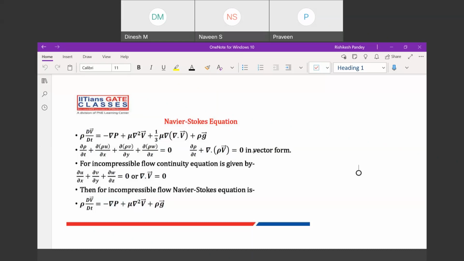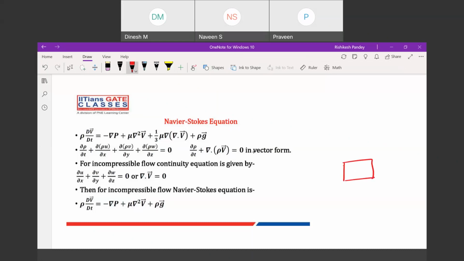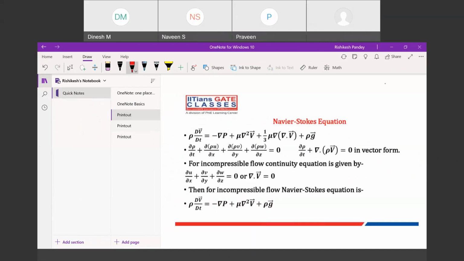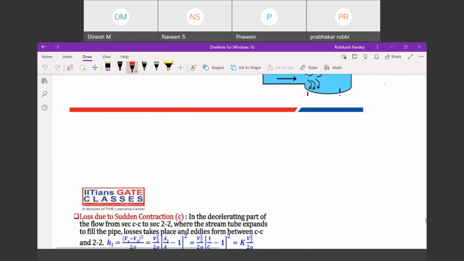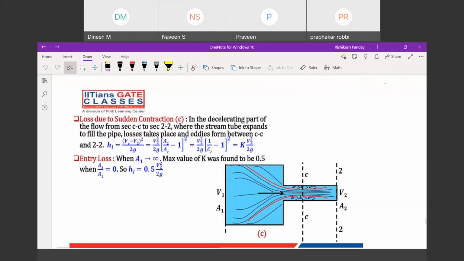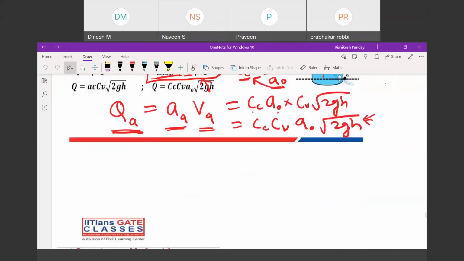Like we have seen in our conservation of momentum equation, the different types of forces acting on a fluid element. Just let me show you quickly.